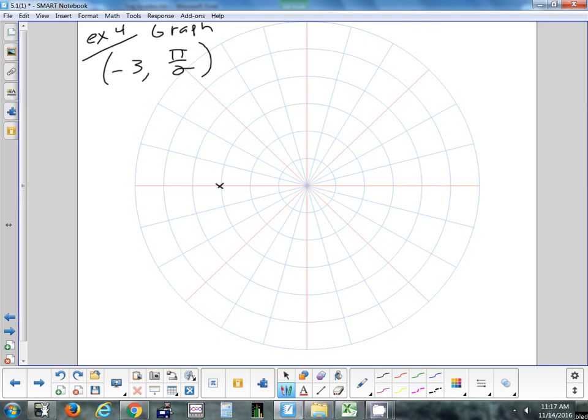Now from here, I am going to move a certain number of degrees. Let's change pi over 2 into degrees so it's a little easier to look at. Shakira, do you remember what pi over 2 is? 90. In degrees? Yep. 90. So Skylar, from where I marked this point, I'm going to go 90 degrees which way?